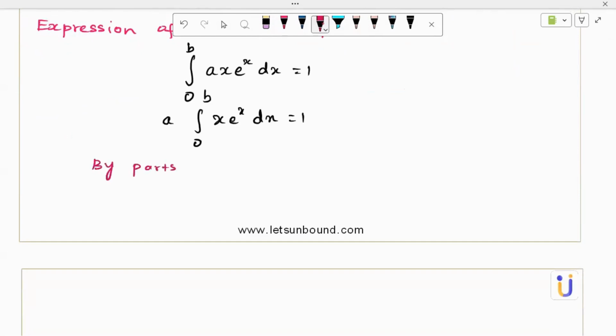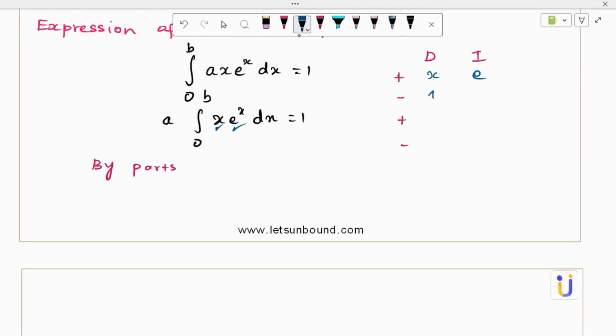There is a simpler method, the DI method. So make D and I. D is the differentiable thing and I is the integrable thing. And put some plus or minus signs. We don't know how many, so just put 4 to 5. Which is differentiable, I can use x, because when you differentiate x it finally tends to 0. So x I'm going to use for D, and e power x I'm going to use for I.